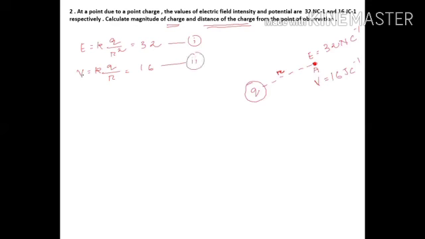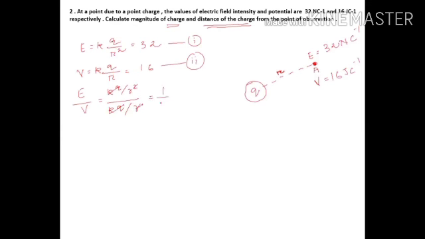Okay, so you have to find the value of Q and you have to find the value of R. So what you do here, you divide electric field by potential. Okay, it is KQ by R square and KQ by R. So KQ gets cancelled, and one R gets cancelled.